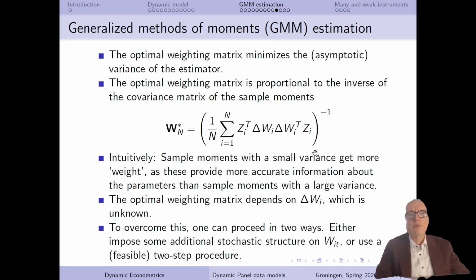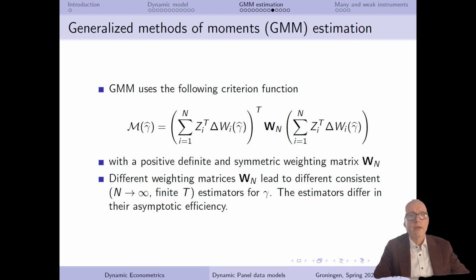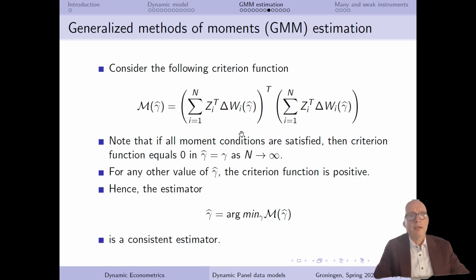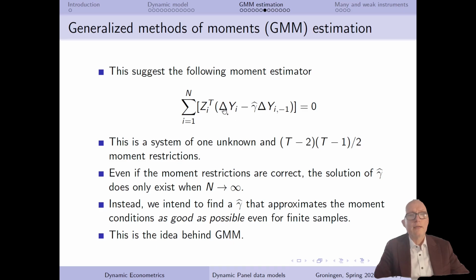Now we should take into account that there is a problem. The problem is that this optimal weighing matrix actually depends on delta Wi. And delta Wi is unknown because it depends on our unknown value of gamma hat. If we go back over here, we already said that delta Wi depends on gamma hat, because delta Wi is nothing else than this thing that we have here between parentheses.